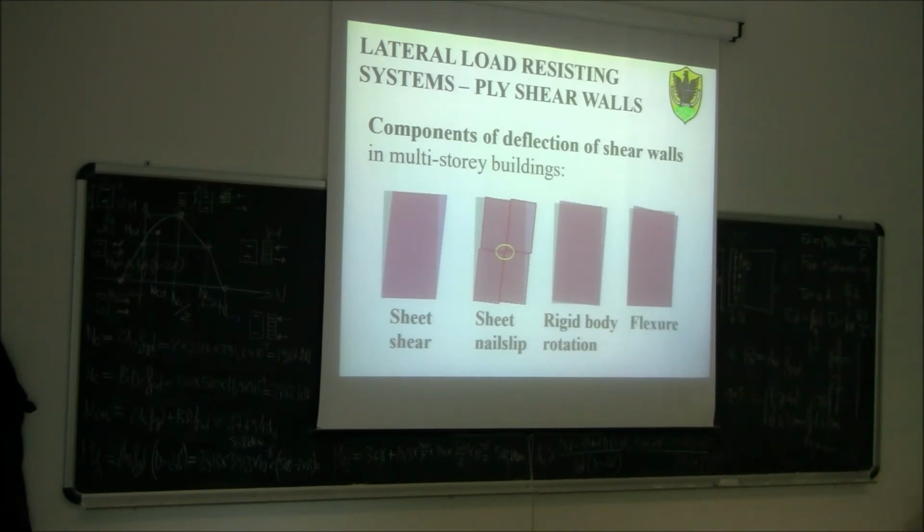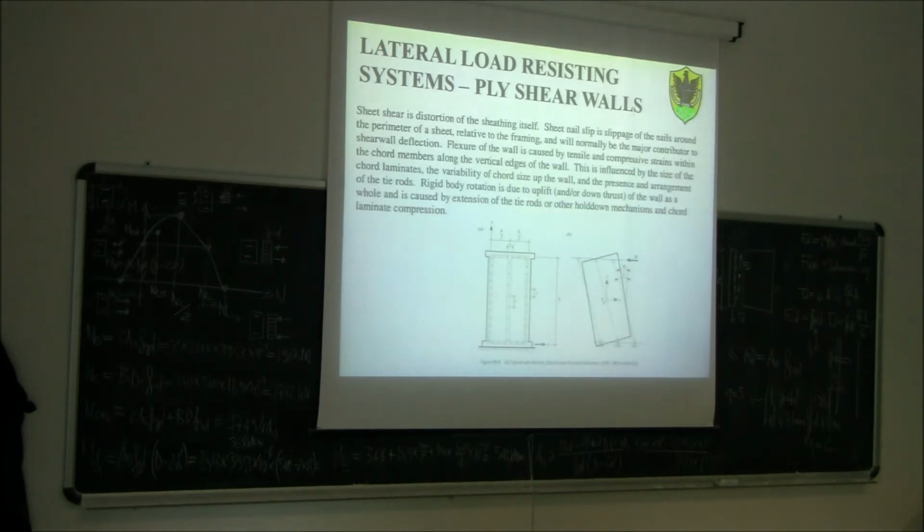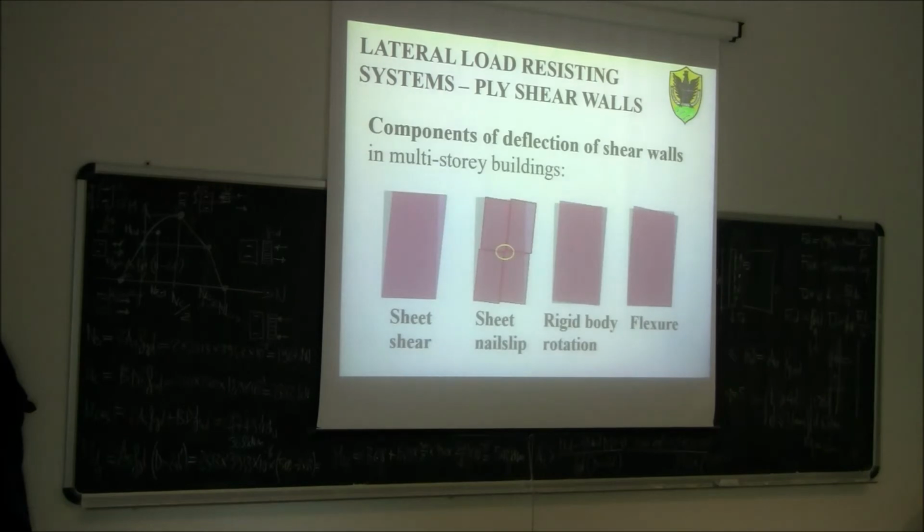And finally, we have a global flexural behavior due to the fact that we have one stud which is stretched and the other one which is compressed. So we could say that all those components should be added in order to get the total deflection, in order to get the value of the flexibility.